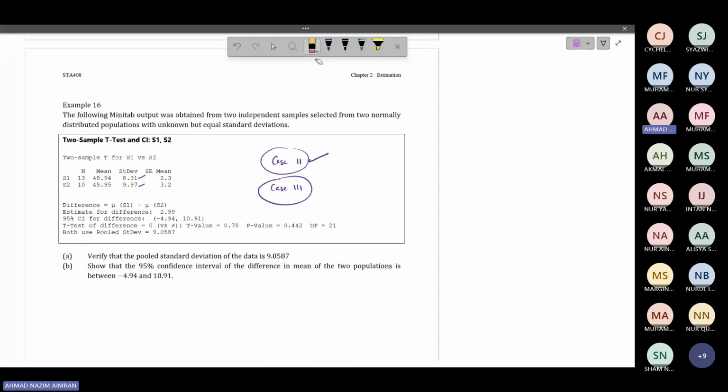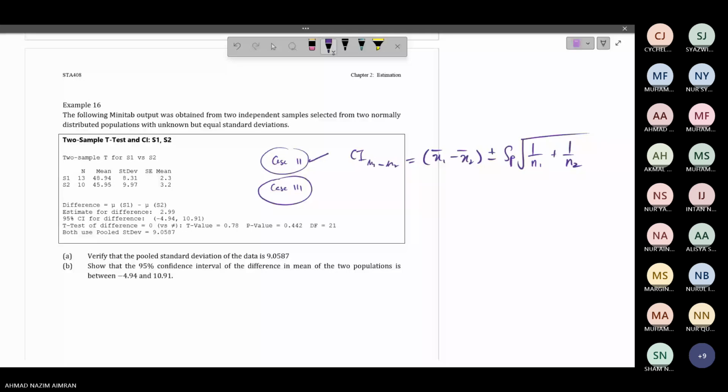Okay. And the other one is sometimes to use the formula. So again, this is the formula, right? For case number 2. Okay, this is the formula.